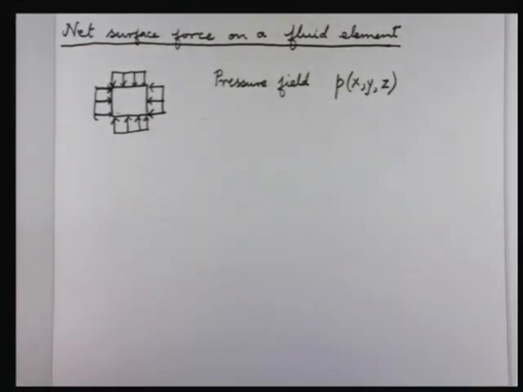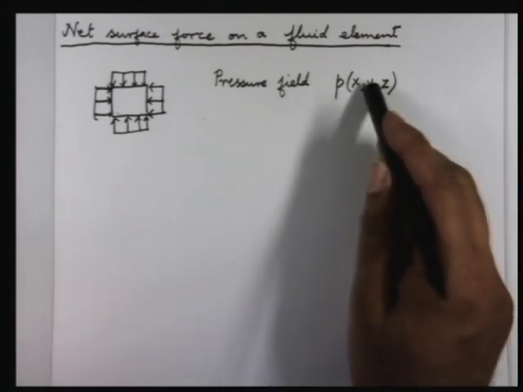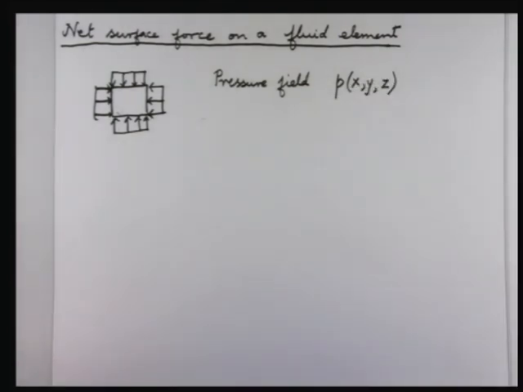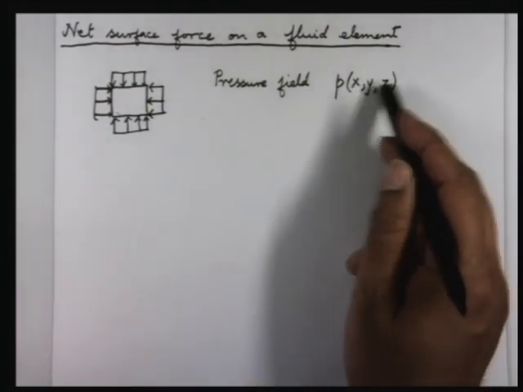So this function will tell you what is the pressure at any point. So if you want it at the point 1, 1, 1, you put the coordinates 1, 1, 1 into the function, and you get the value of pressure at that point. If you want the pressure at the origin, then put x0, y0, z0.